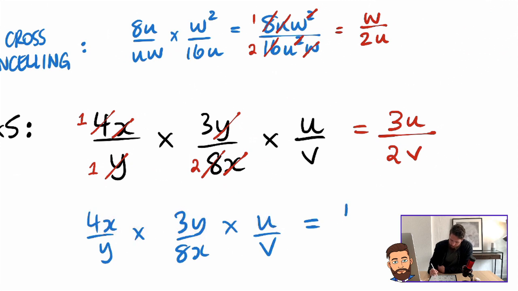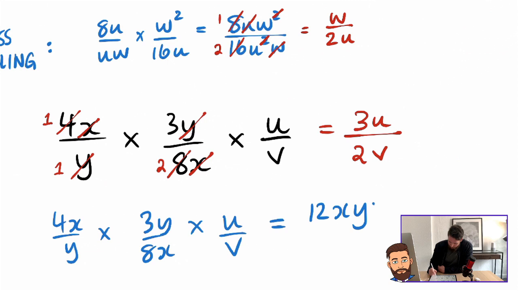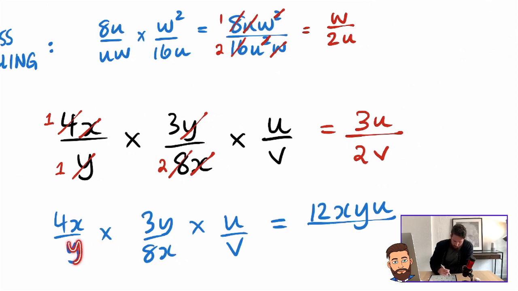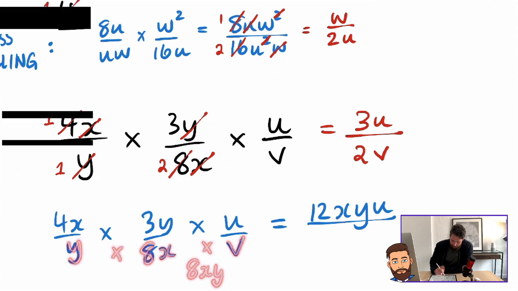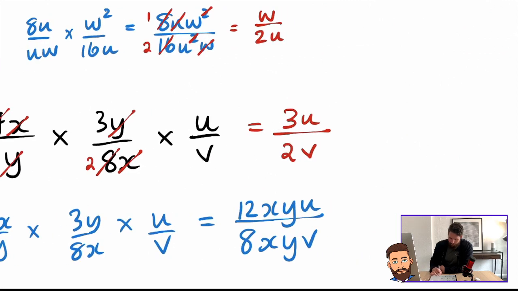So on the top I'd have 12xyu over y times by 8x would be 8xy, times by a v would give me 8xyv. And now we would have to simplify.